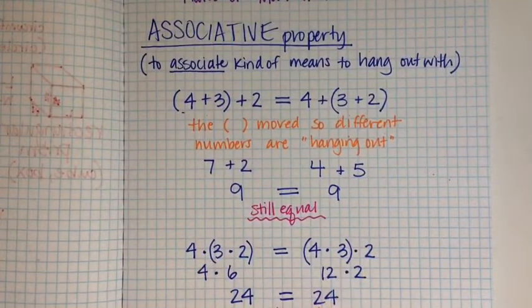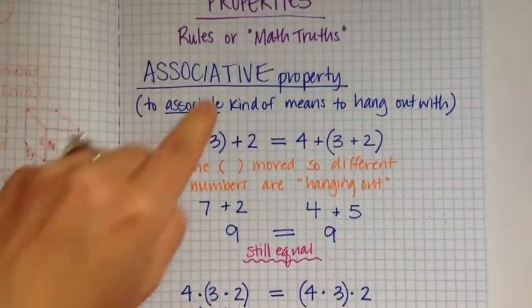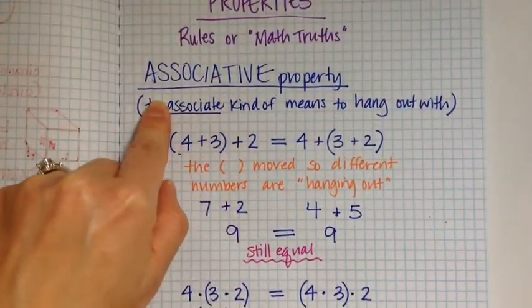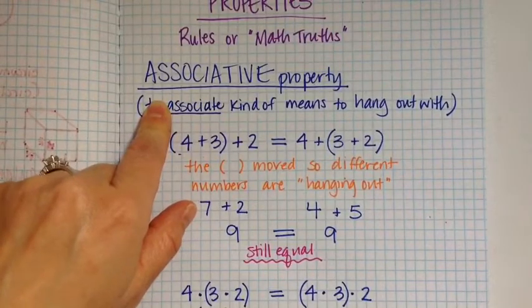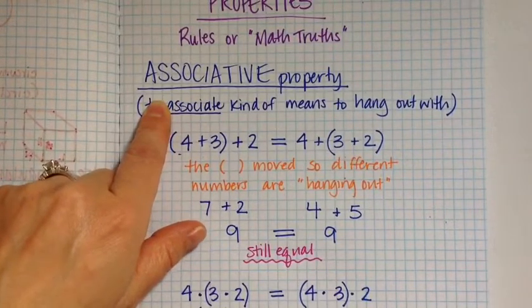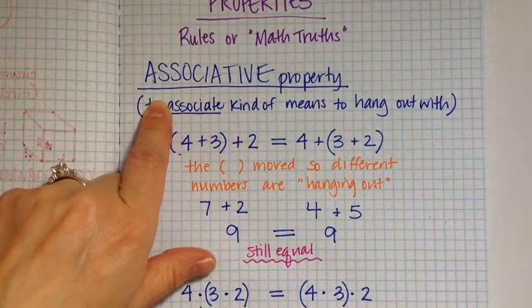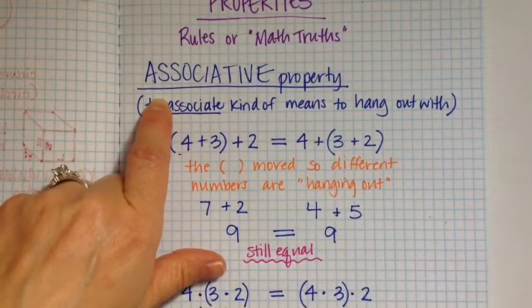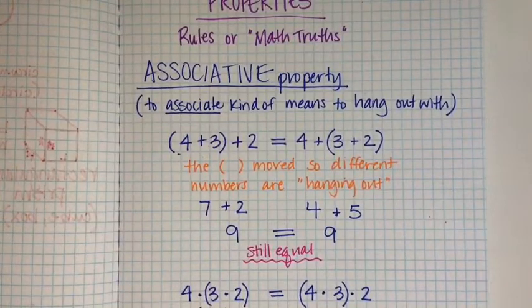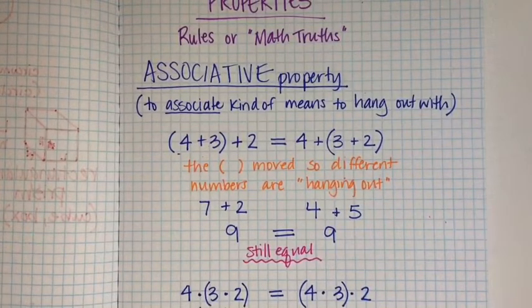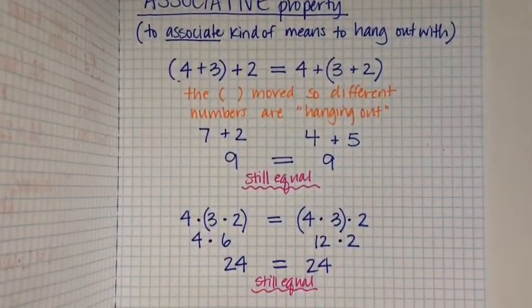So this rule works. The associative property is a math rule. That was math truth plus math rule combined. Maybe that's what we should call it in class: a math rule, a math truth. The associative property shows math truths for addition and multiplication only. This does not work for subtraction or division.